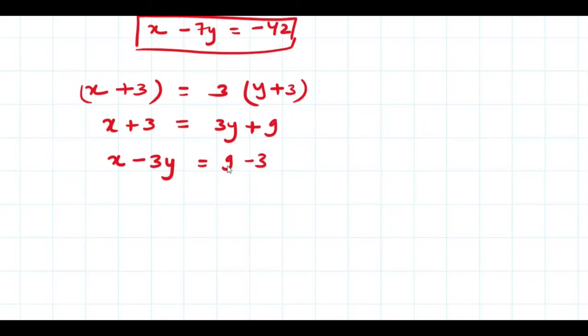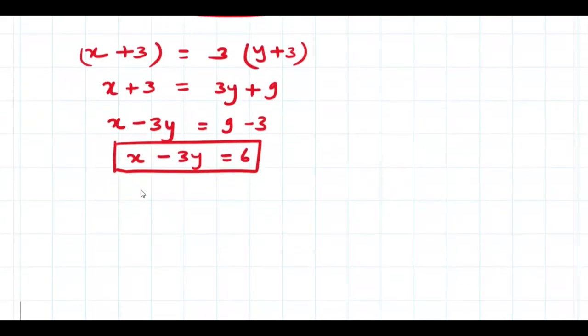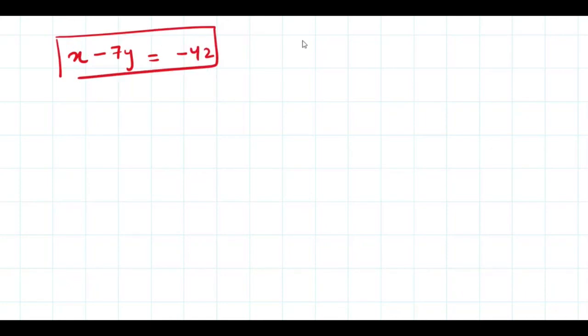So this gives us x minus 3y is equal to 6. So we have two linear equations in two variables, and they are x minus 7y is equal to minus 42. This is the first equation. And x minus 3y is equal to 6. This is the second equation.